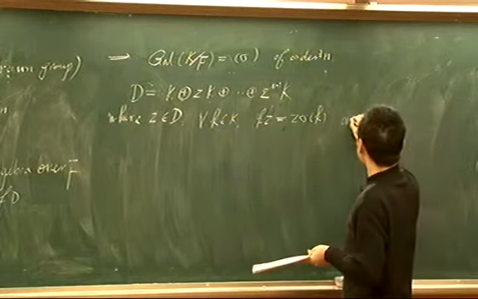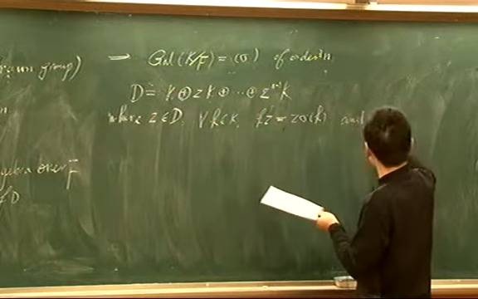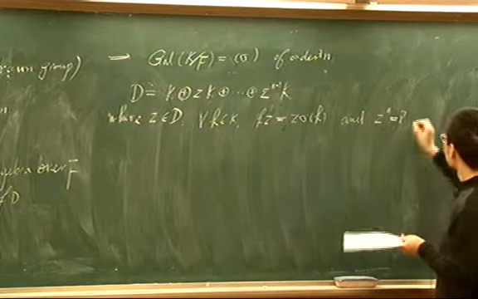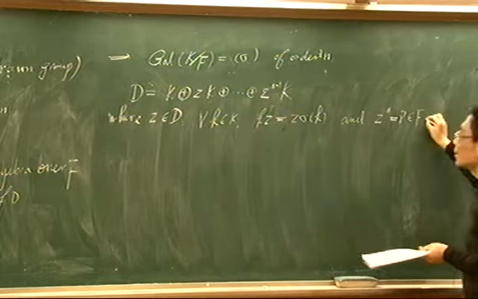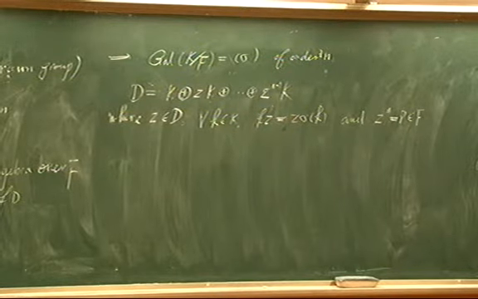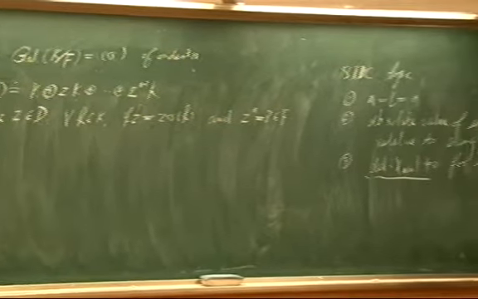And z^n equals gamma, which belongs to F. This is an algebra.